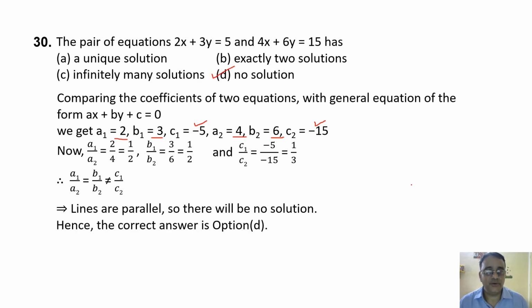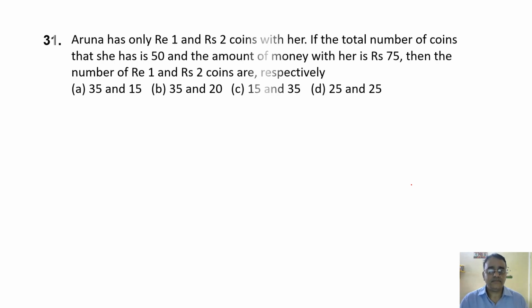So now we are moving toward question number 31. Aruna has only rupee 1 and rupees 2 coins with her. If the total number of coins that she has is 50 and the amount of money with her is rupees 75, then the number of rupee 1 and rupees 2 coins are respectively.